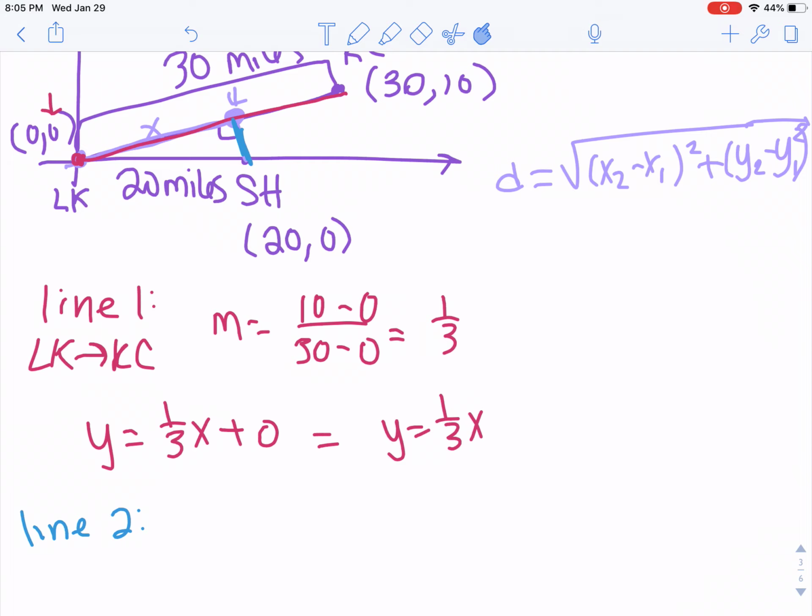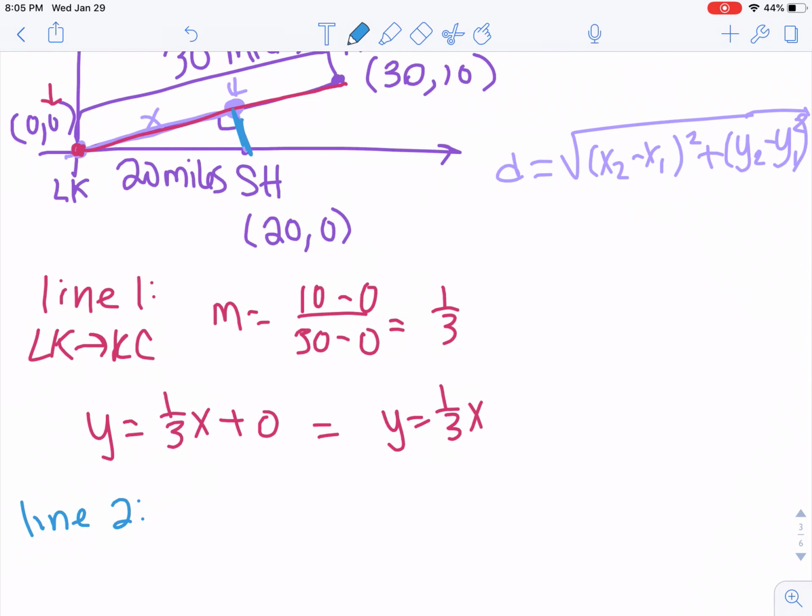But what I do know is that line 2 is perpendicular to line 1. And line 1 had a slope of 1/3. So that means line 2 has a slope of -3. Perpendicular slopes. And I know that line 2 goes to the point 20, 0.